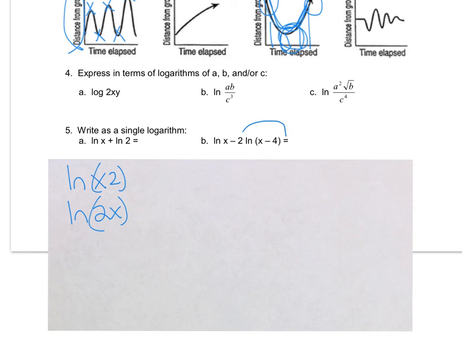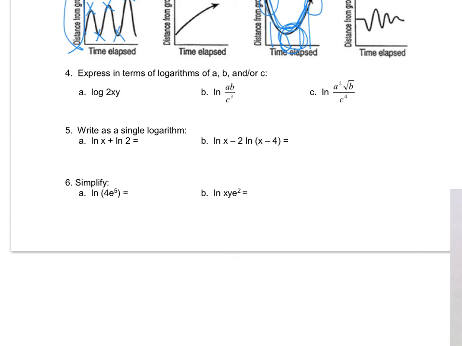For B, this coefficient becomes an exponent to start. And then the subtraction, we write that as a quotient with division. And last but not least, for 6, for A, first we have to expand with our properties.